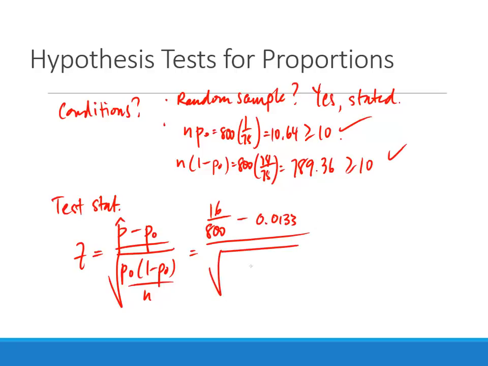And then I plug in p0 in the bottom, so 0.0133 times 1 minus 0.0133 over my sample size, which is 800. If you work that out, I think that gives you something that's about 1.35.